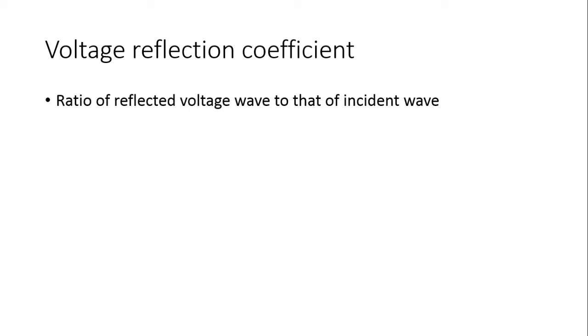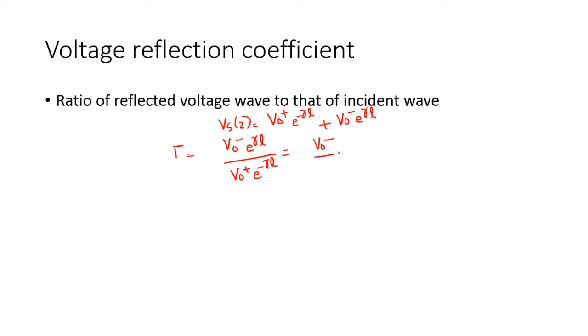The voltage at a point is given by V0 plus e raised to minus gamma L plus V0 minus e raised to gamma L. So from this, the voltage reflection coefficient will be V0 minus e raised to gamma L divided by V0 plus e raised to minus gamma L. This can be written as V0 minus divided by V0 plus into e raised to 2 gamma L.